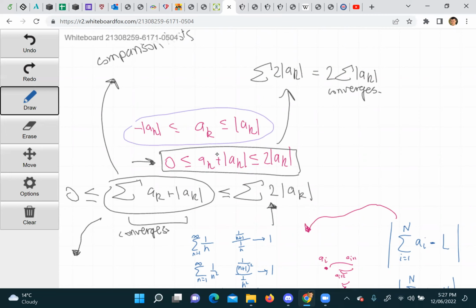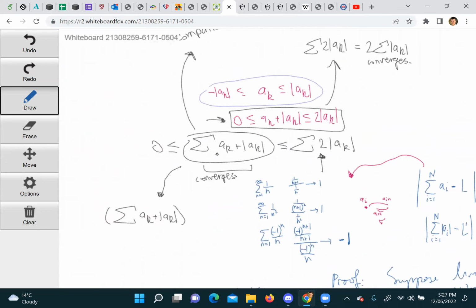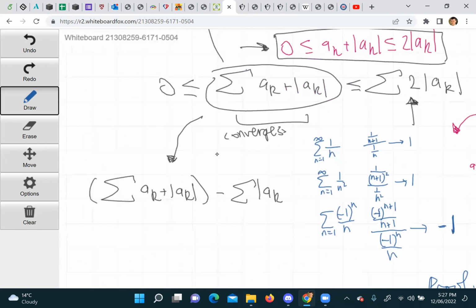Okay, so now the next step is the sum of a_k, absolutely. Then you can do the sum of two sequences.